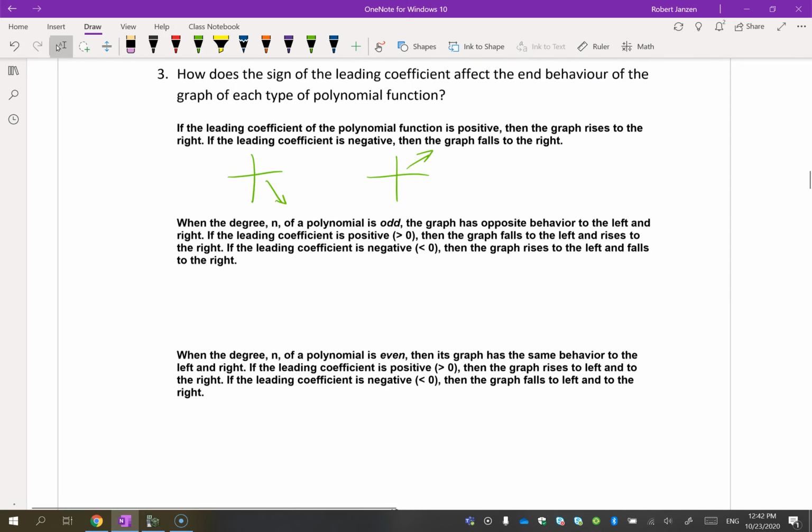Okay. When the degree n of a polynomial is odd, the graph has opposite end behavior. So odd meaning like if there's a power of 1 or a power of 3, it'll be opposite. So either like this, or if they're negative, like this, and like that.